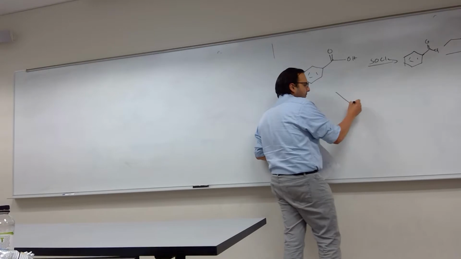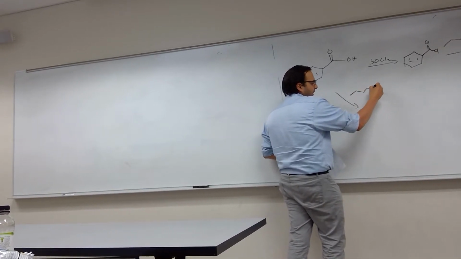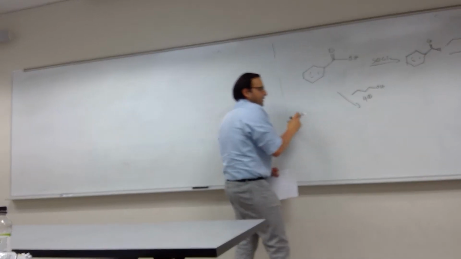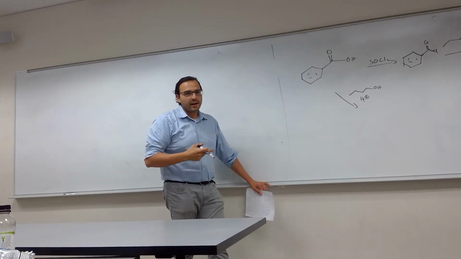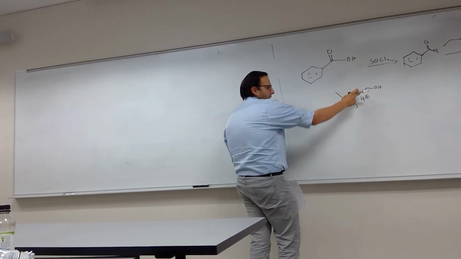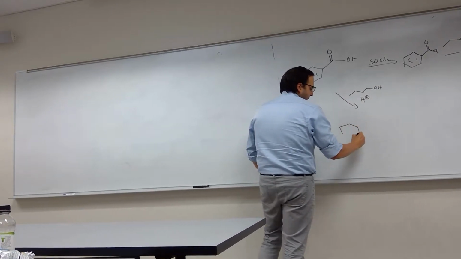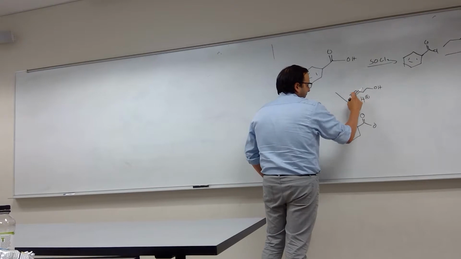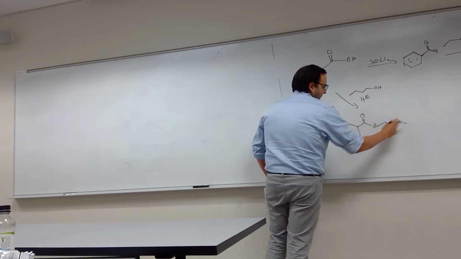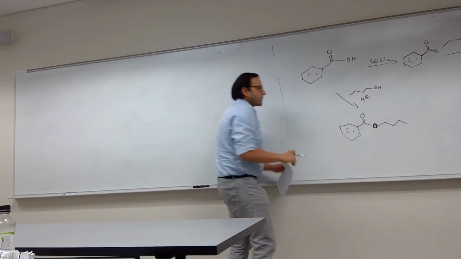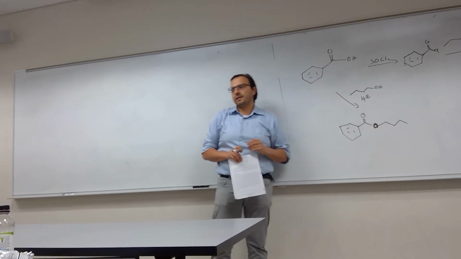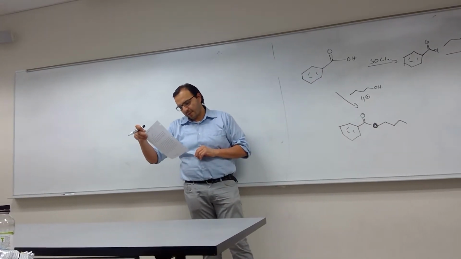So if you do something like an acid, you can also do an esterification. This will have to be in excess. Right, so starting from carboxylic acids, functionalizing the corresponding carboxylic acids.